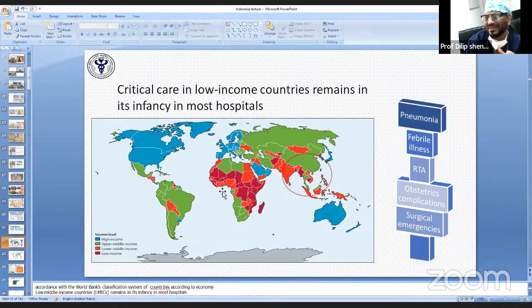So why does it remain in infancy? Because most of the patients treated in this part of the world have pneumonia, febrile illnesses, road traffic accidents. Obstetric care is not very well developed, many obstetric complications, some surgical emergencies. That is the group of findings you get in this country.